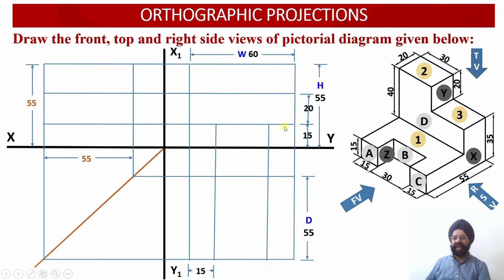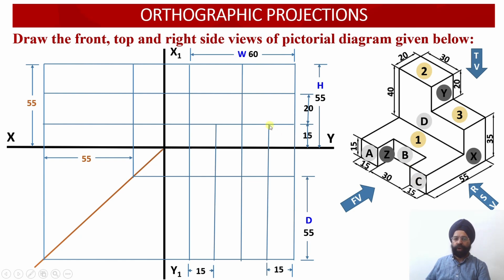Similarly, on the other side, if we look at this particular surface from the right hand side, this is the right hand corner of this block. Looking at the solid from the right corner, if we move towards the left by a distance of 15 millimeter, that is the width of our surface number 3.